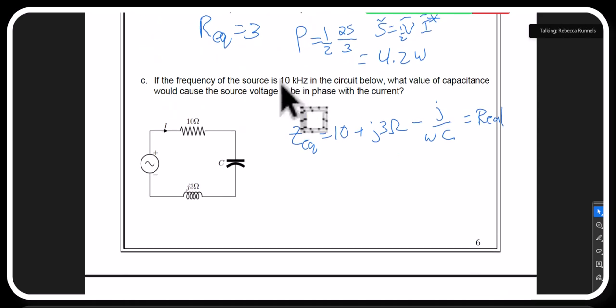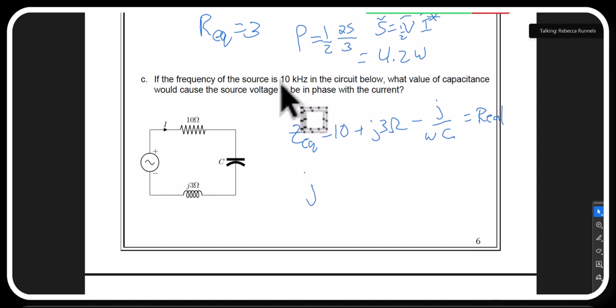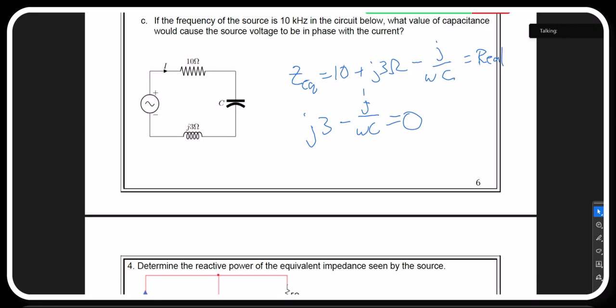So what that means is j3 minus j over omega C has to be 0. I can now get rid of the j, so 3 minus 1 over omega C equals 0.